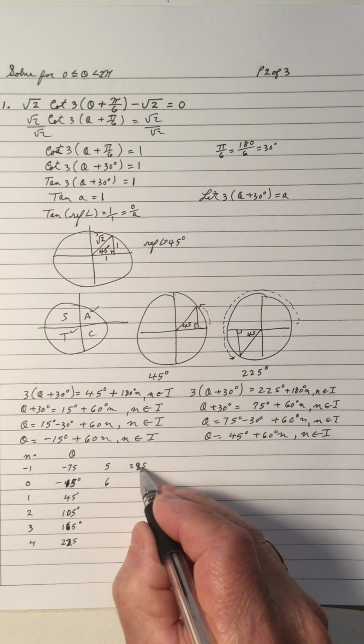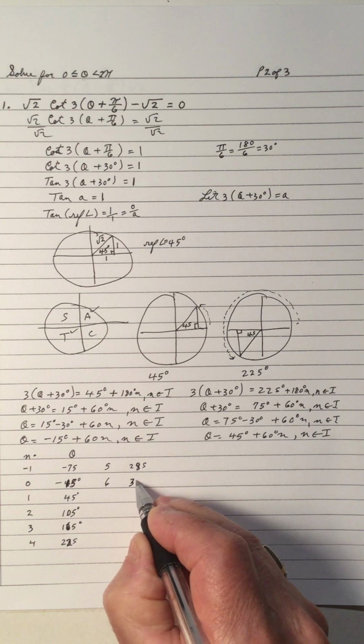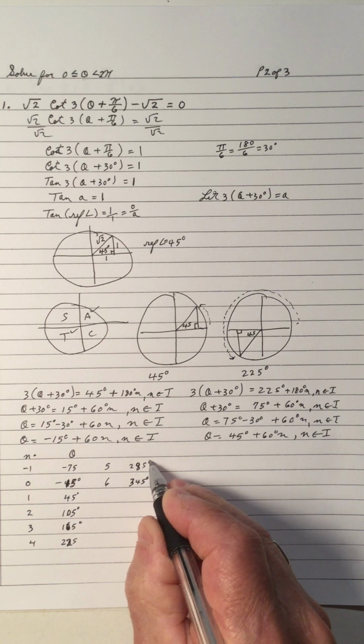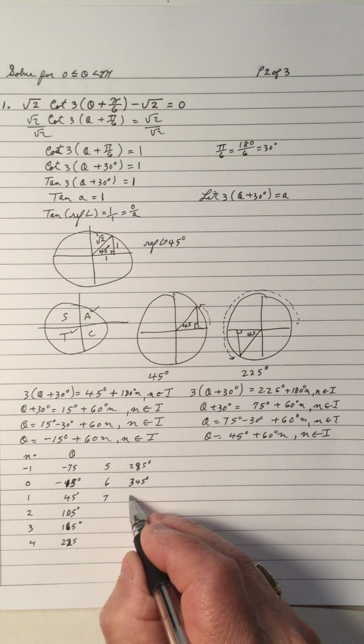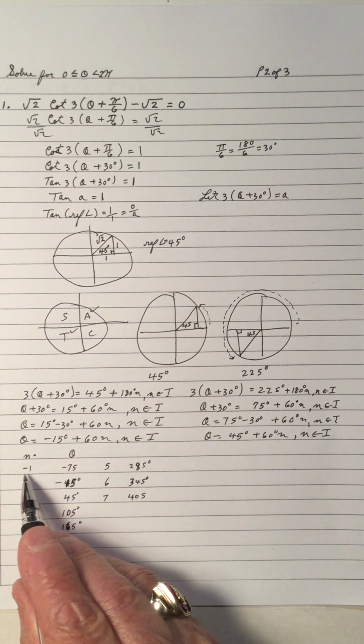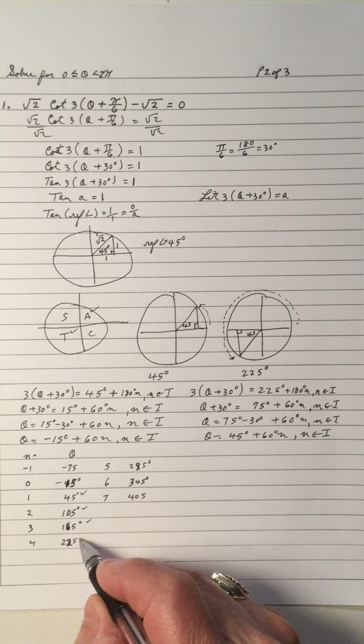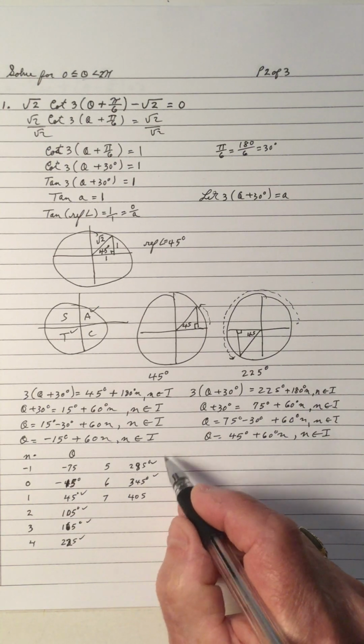And 60 again is 345. And if I do 60 again, I get 405. So I've done n to be negative 1, 0, and so on. So notice, these are the answers that fit.